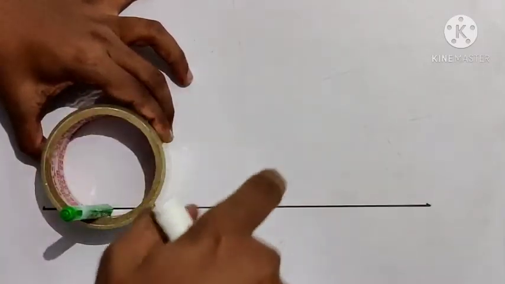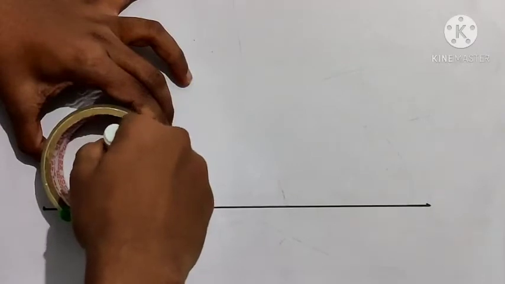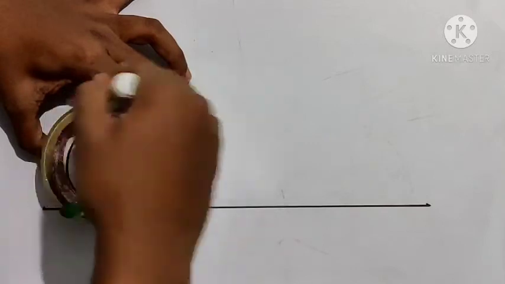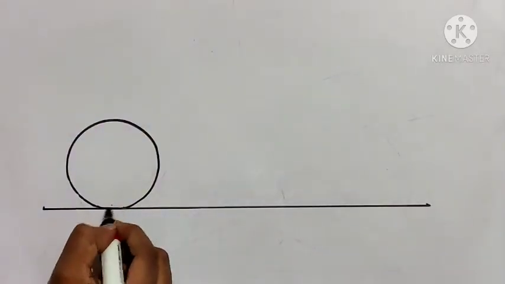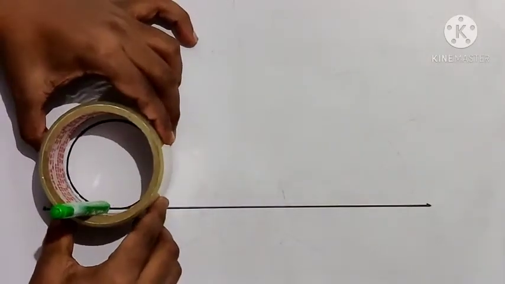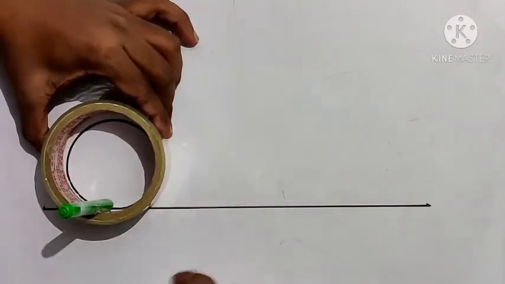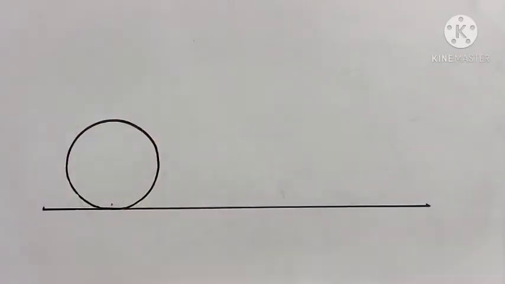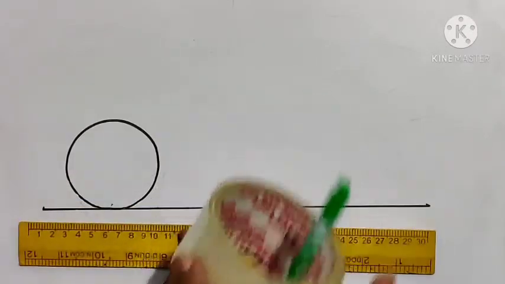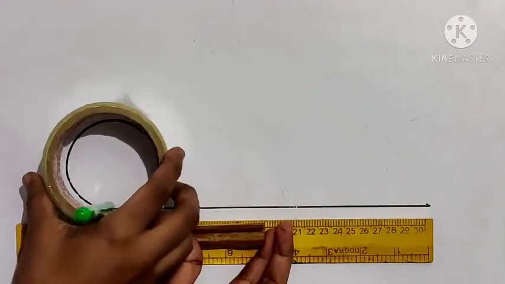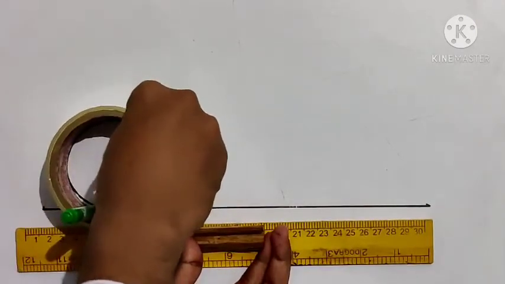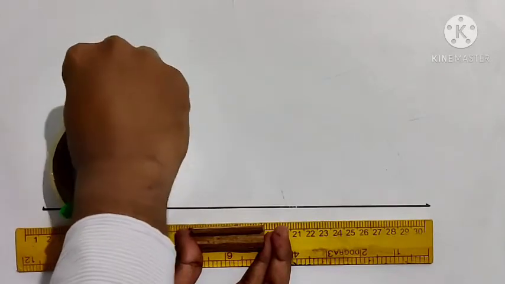So when I rotate it, the sketch will trace the point P. Let's assume this is a point P, and the sketch will trace the point for one revolution. I am going to keep the scale something like this, and the initial portion of the sellotape is something like this, and I am going to rotate it for one complete revolution.